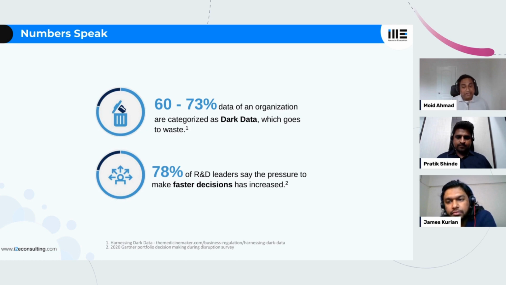Second point, 78% of R&D leaders say the pressure to make faster decisions has increased. So combining these two, we see that we are only utilizing 30 to 40% of the data available in the organization.